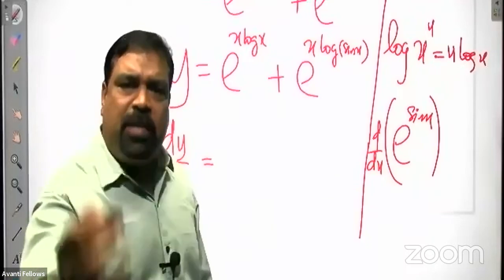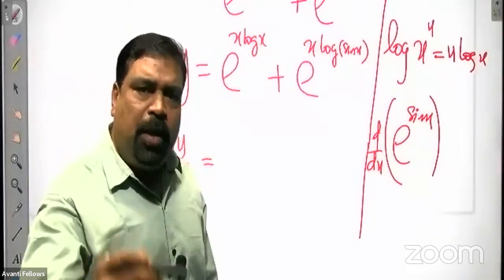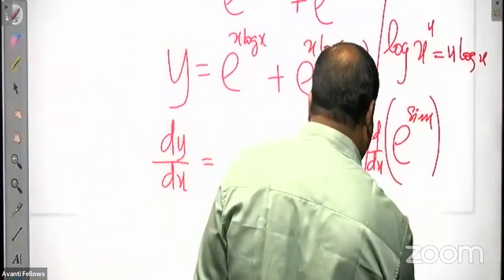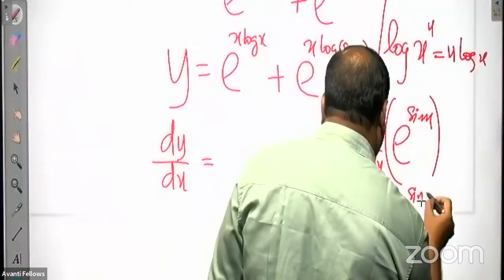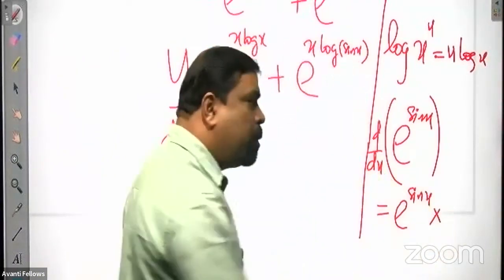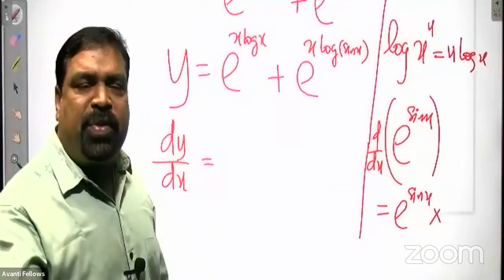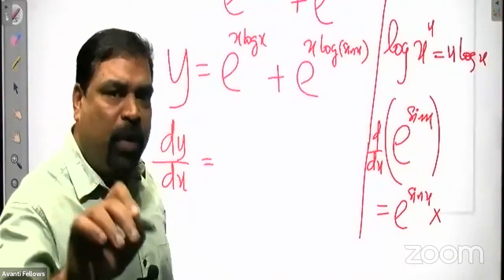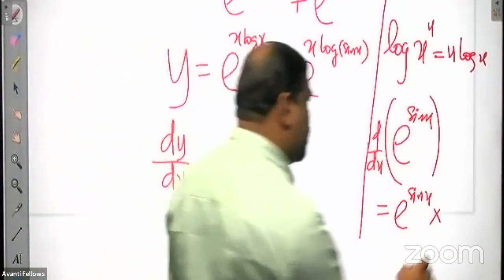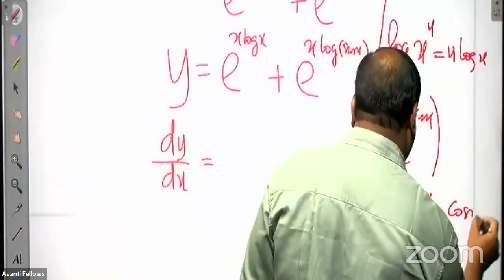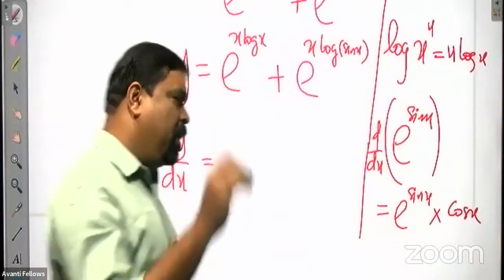So for e raised to sin x, first we write e raised to sin x, into the derivative of sin x, which is cos x. Chain rule actually.